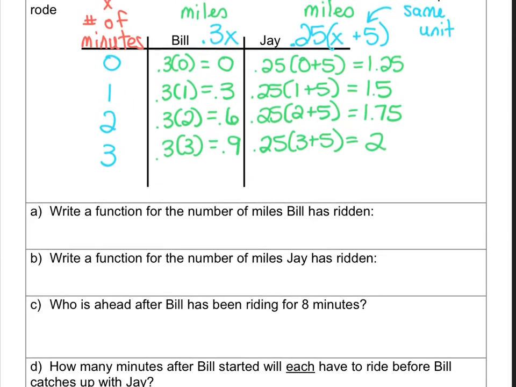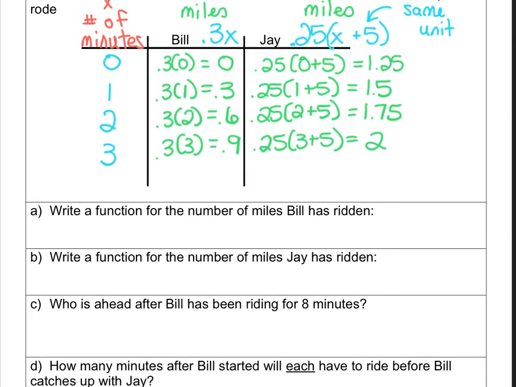So now notice it says write a function. So we're going to write it in function notation like we've talked about in previous lessons. So we want a function for Bill. So we will call that b of x. And we already know that the rule for Bill was that he went 0.3 miles every minute.